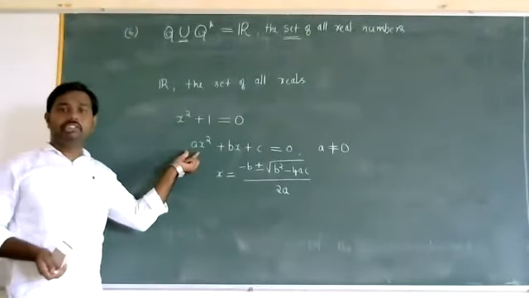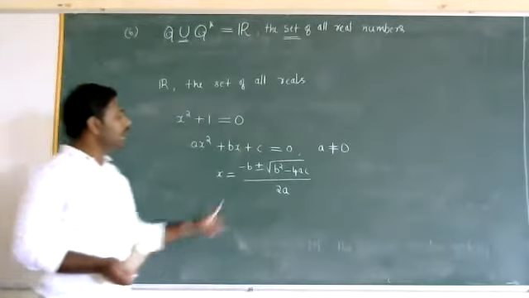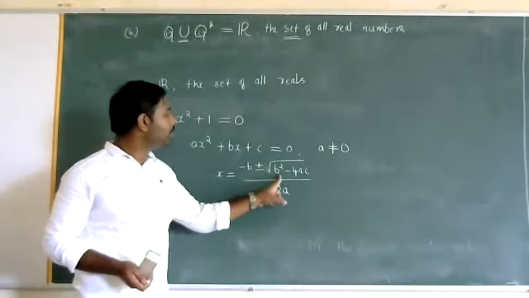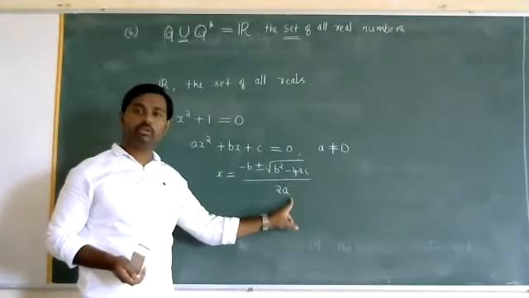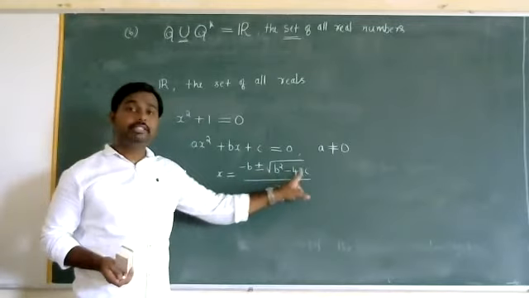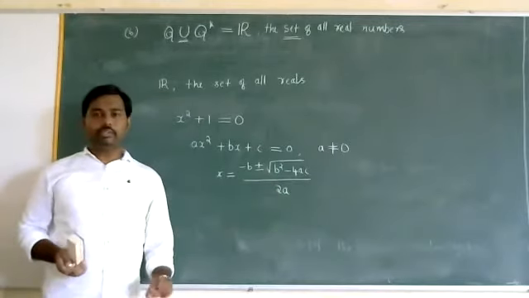Any quadratic equation will have two solutions: minus b plus square root of b square minus 4ac by 2a, and another one is minus b minus square root of b square minus 4ac by 2a.